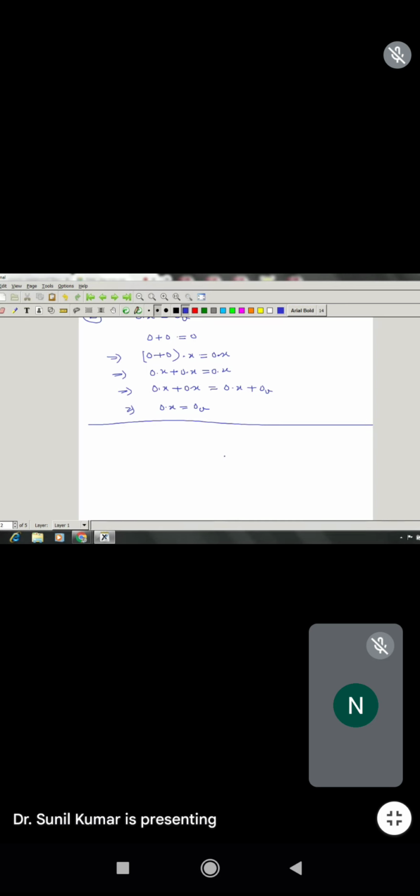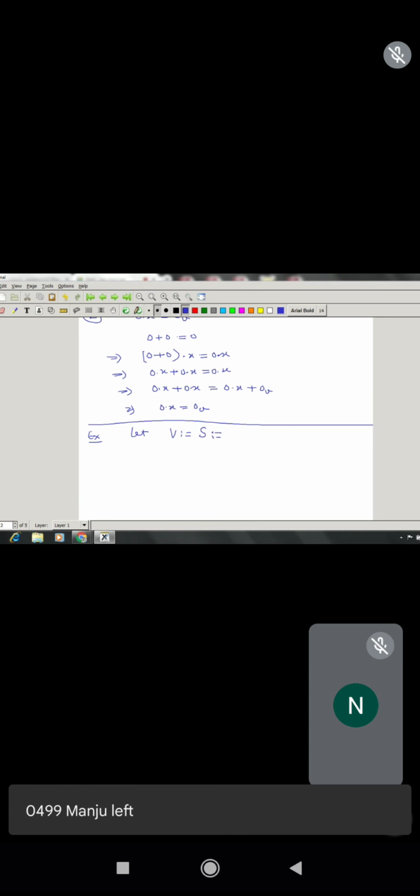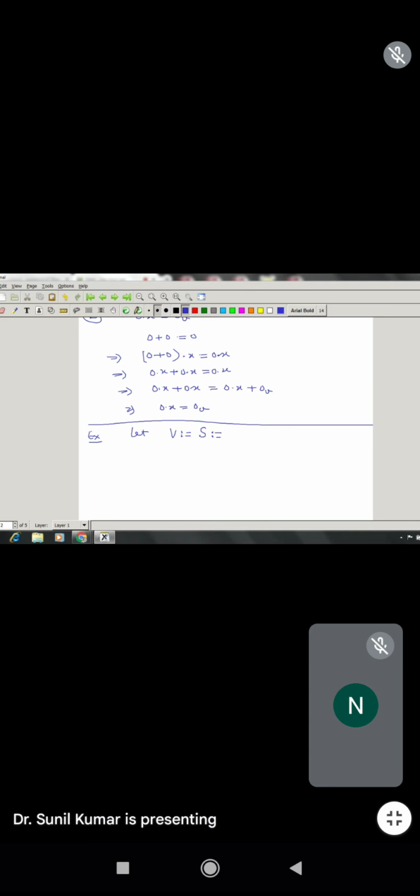Okay. Now quickly I go to the sequence. How can we add sequences? Let v be a vector which is defined as S. S is a set of all sequences. When we define something, then we use this notation.